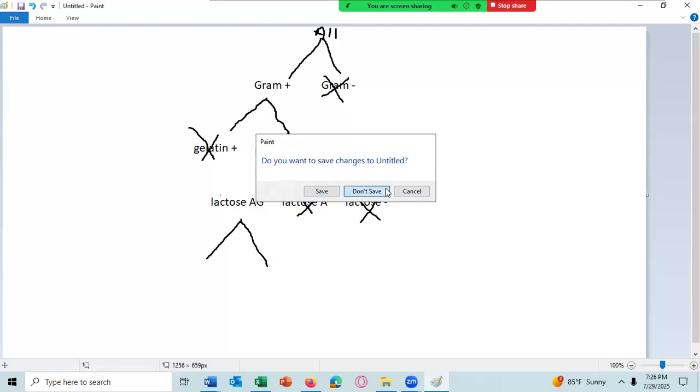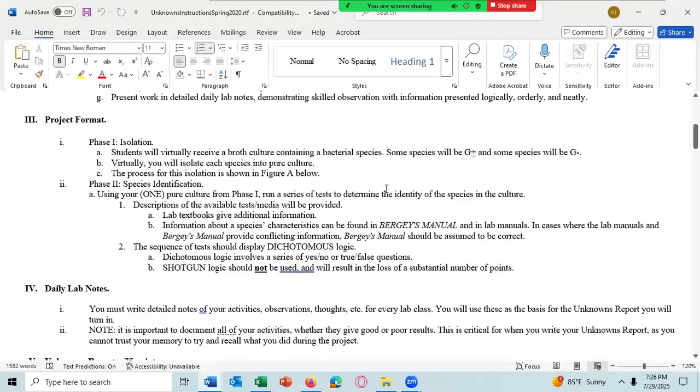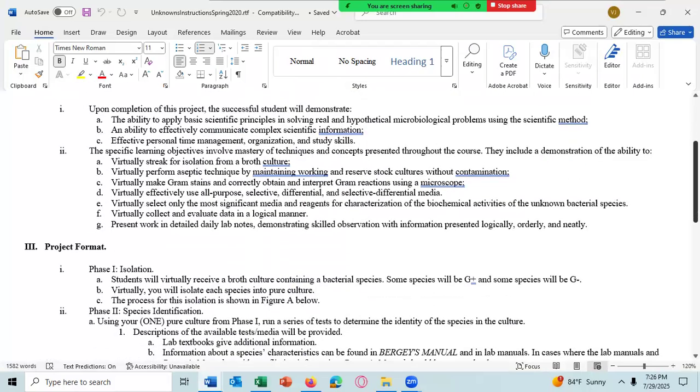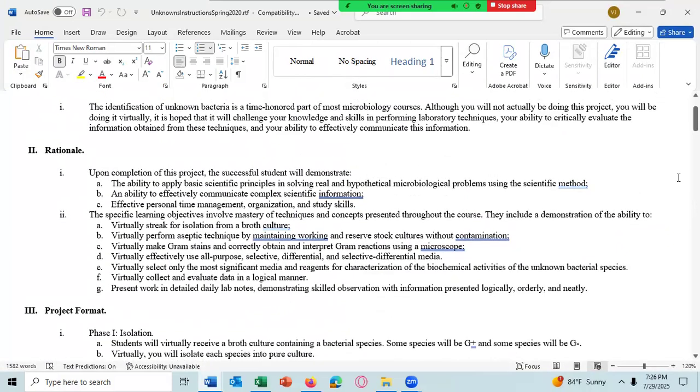So that's dichotomous logic. If you don't use dichotomous logic, I will simply ask you, this project is supposed to be using dichotomous logic. Please confirm that you want 2 or 3 or more tests all at one time, in which case you'll get a penalty for not using dichotomous logic. Some students wait till the very end of the term to begin the project, and then they ask for a whole bunch of tests at the same time.